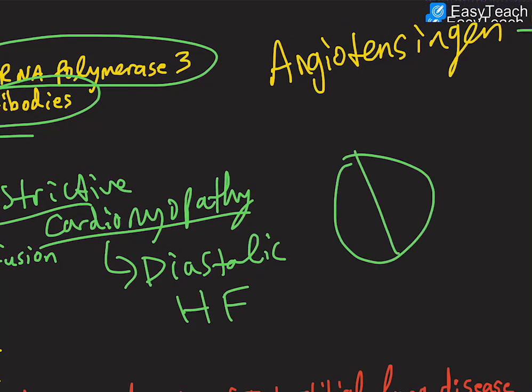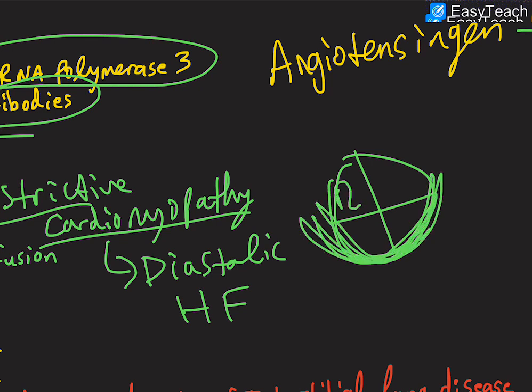Let's say this is your right atrium, right ventricle, left atrium, left ventricle. If your heart wall is all fibrosed, it can't fill with blood properly. It can't expand properly. That's why it's a diastolic heart failure.